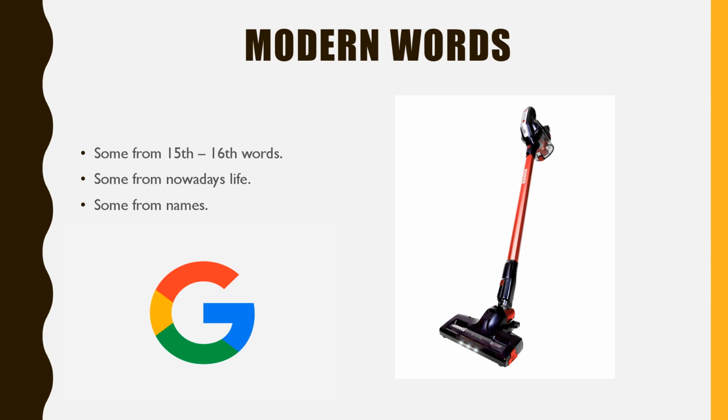So Google, in this case, is not just the name of a company, but also a verb. The other example is a machine which was created by a person called Hoover. Nowadays you can say, I am going to hoover the floor, because this machine you see on the right is called a Hoover because of the man who created it. In Spanish it is an aspiradora, but in English we call it a Hoover because of the name of the creator. Okay?